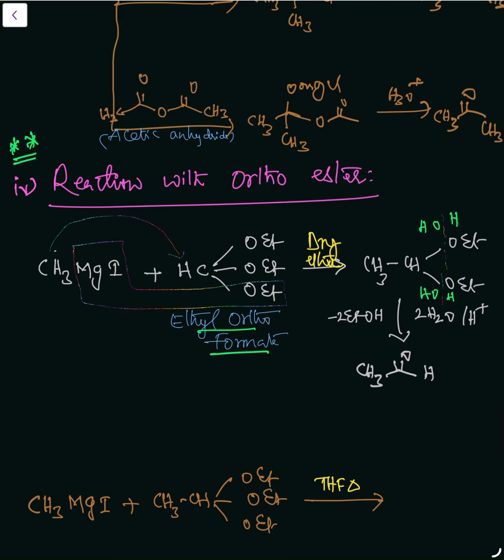So the intermediate has 2 OH groups on the same carbon. Removal of H2O takes place. Then we finally get the aldehyde as the product. 2 OH groups present on the same carbon are unstable. Just previously we discussed this. Then it gives you the carbonyl compound, that is, acetaldehyde is formed.